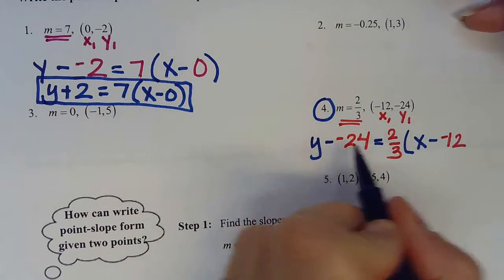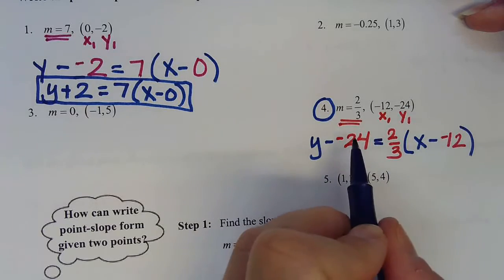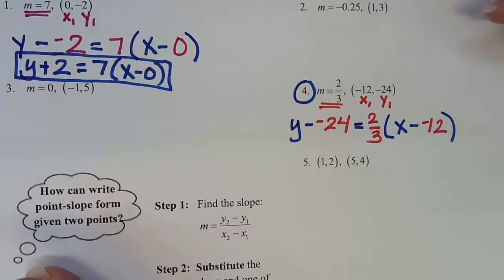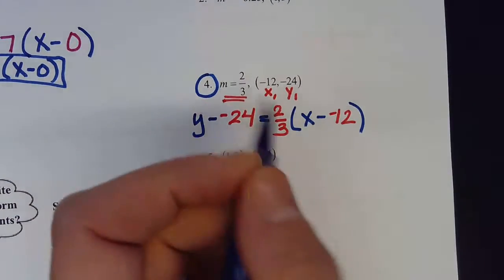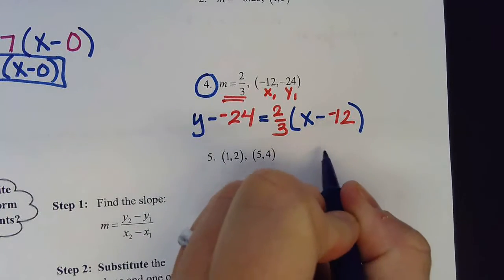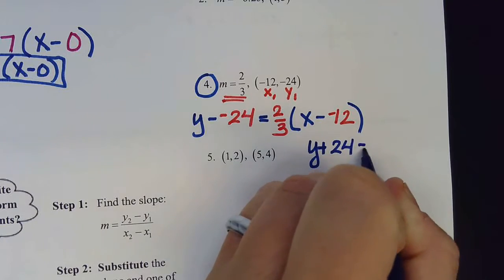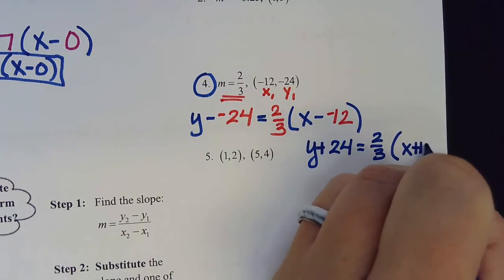The minuses that I have in blue here are part of the equation. The negatives with the numbers, like the negative 24 and the negative 12, are the actual x and y coordinates. So you'd have to have both negatives at first, but when you are subtracting a negative, it turns into a positive. So now you should have the equation y plus 24 equals 2/3, parentheses, x plus 12.